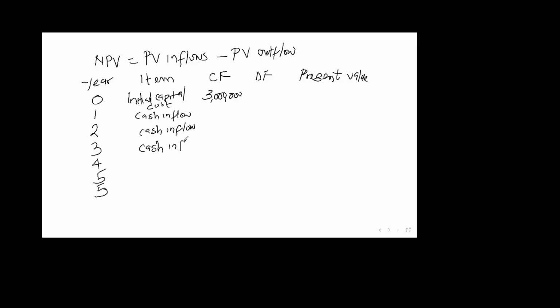Yes, sir. That's the inflow from year 1 to year 5. I'm just writing this to explain. Cash inflow, year 1 to year 5, 0.85 million is the same as this, and outflow. This will be in brackets.